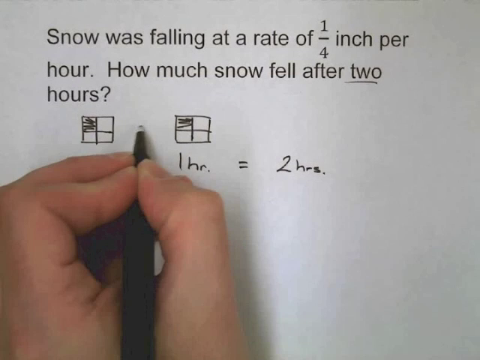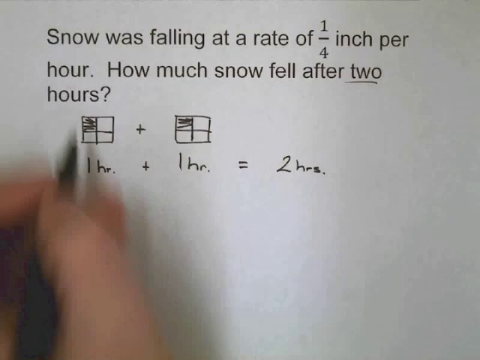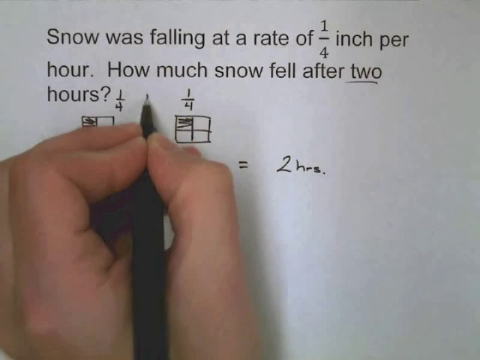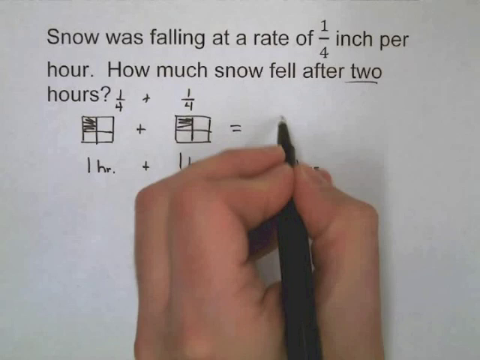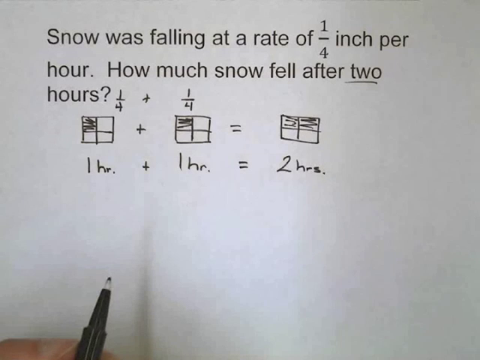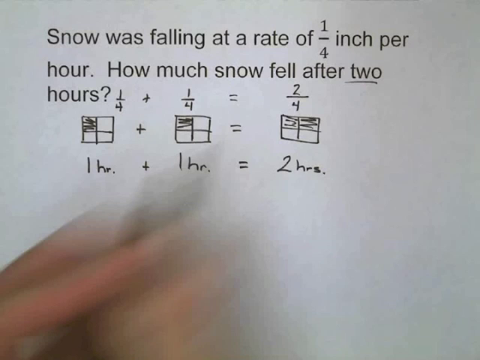So if I add the snow, the inches of snow, here's a 1/4 inch of snow, and here's another 1/4 inch of snow, I end up with 2 of those boxes shaded in, or 2 of those fourths.